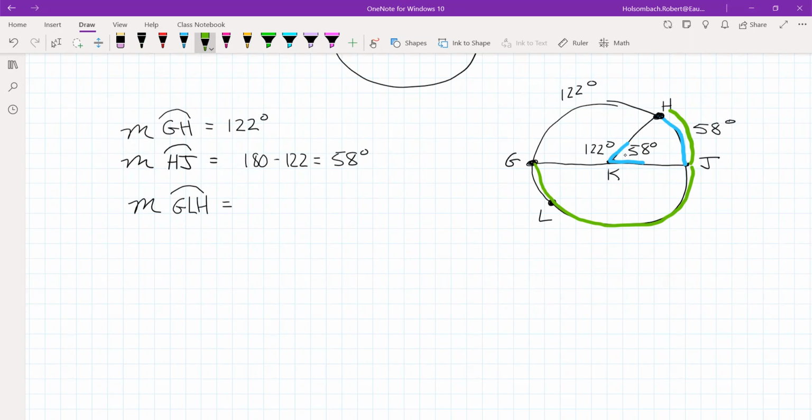So remember, the measure of a semicircle is 180 degrees. So the green portion, the semicircle portion, is 180 degrees, isn't it? And then we've got this other 58 degree portion that we have to add. So the measure of GLH is going to be equal to 180 plus the 58. So 238 degrees.